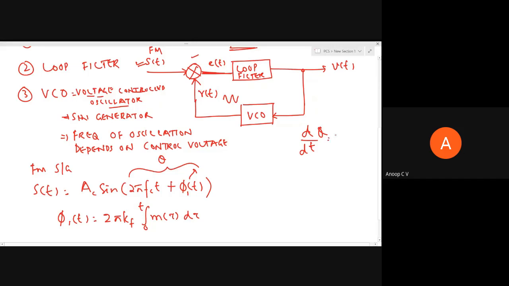So this will be proportional to k_f; it will be equal to k_f into m of t. When you integrate on both sides, you get the phase to be equal to 2 pi k_f integral of m of tau d tau. This is our FM modulated signal, and the information lies within this phi 1 of t.